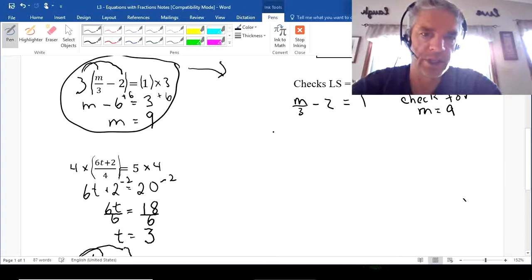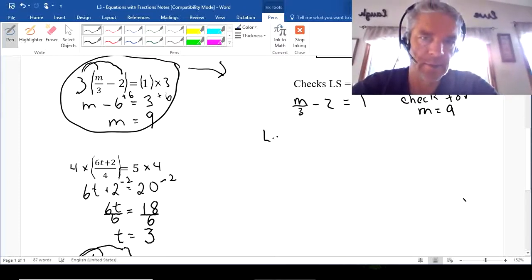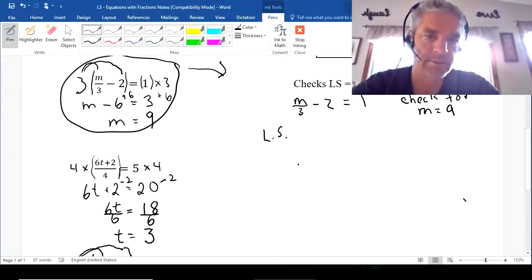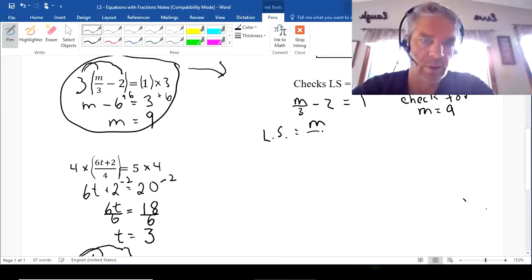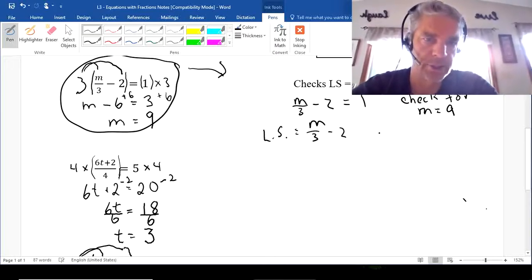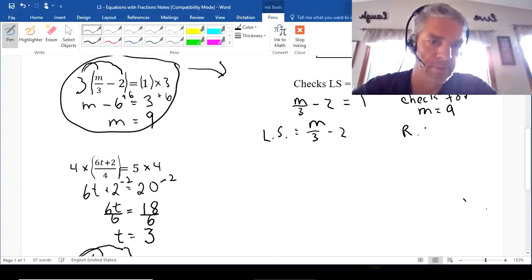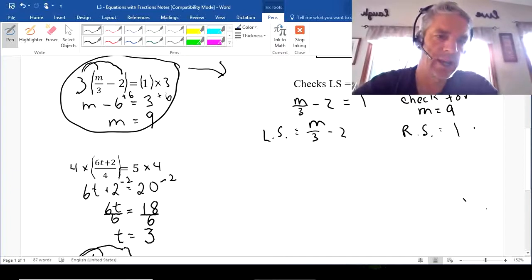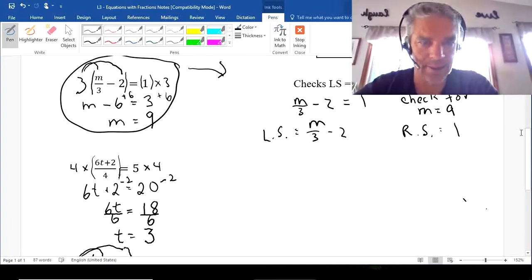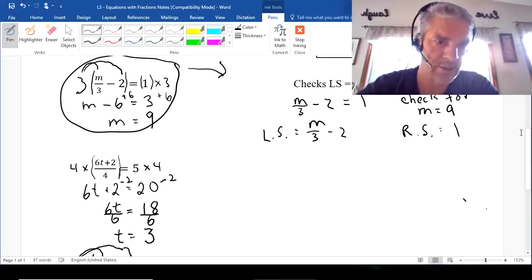And so what I do is I say the left side, LS, equals m over 3 minus 2. And the right side equals 1. And you notice that I put the left side to the left side of the page and the right side to the right side of the page. It's kind of common sense, but that's what we do.